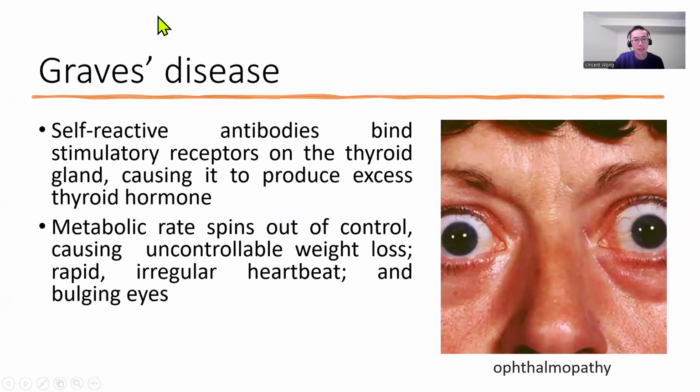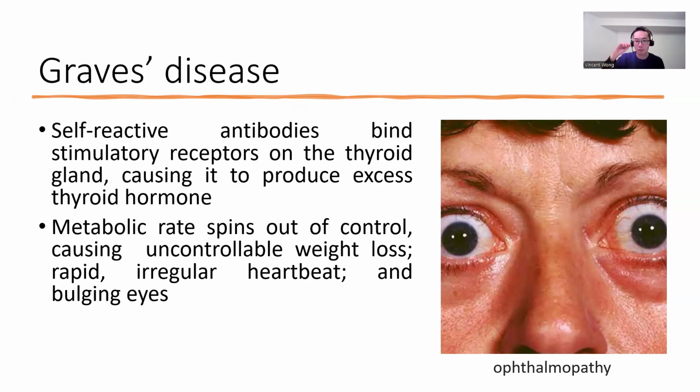Here is an example that we will come back to later on in the course. It's called Graves' disease. You have autoreactive antibodies that bind to your thyroid gland, and it causes your thyroid to keep on producing thyroid hormone. All this excess thyroid hormone causes your metabolism to increase drastically.